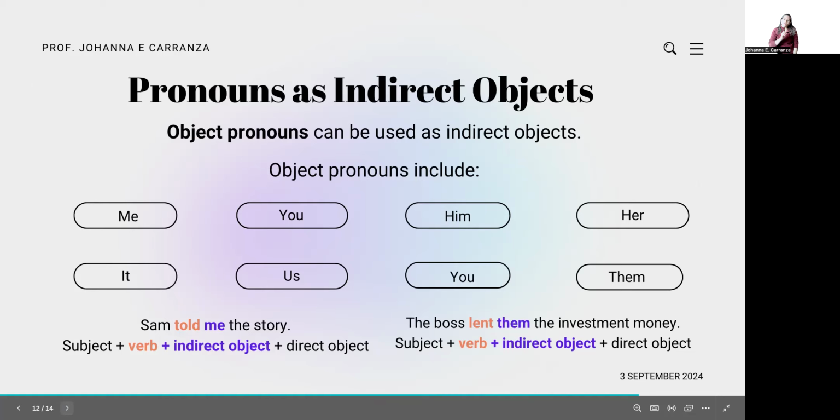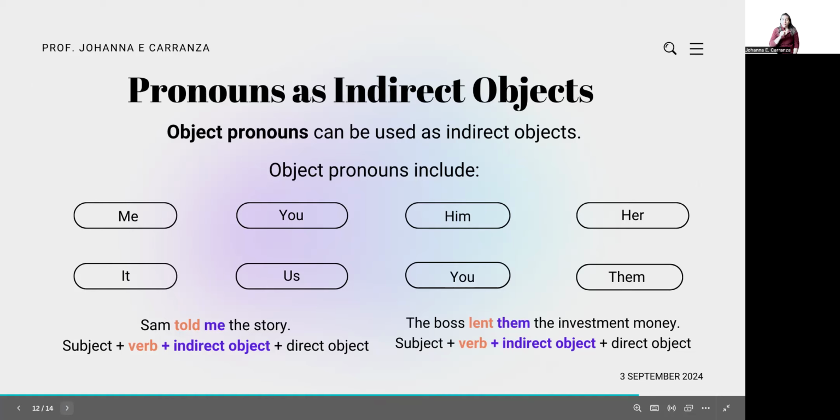They're usually or almost always used as indirect objects, so you can recognize them very quickly in a sentence. When you see these, that means they are acting as indirect objects. So they're easy to recognize.